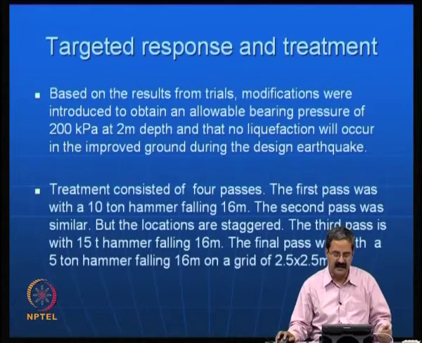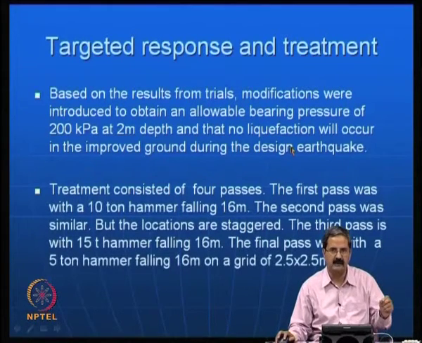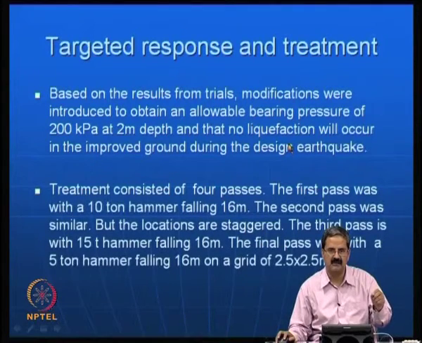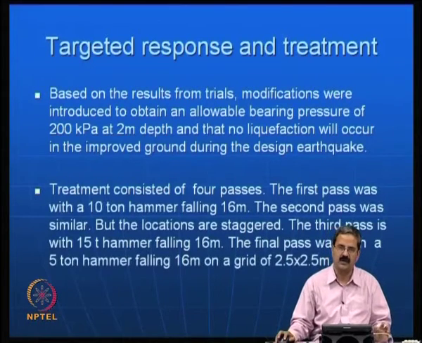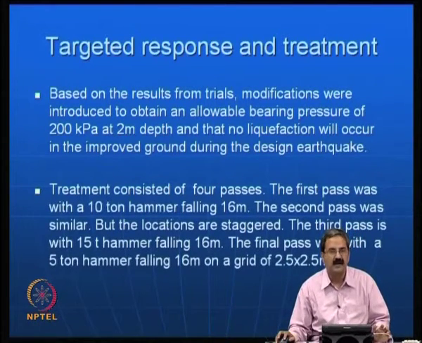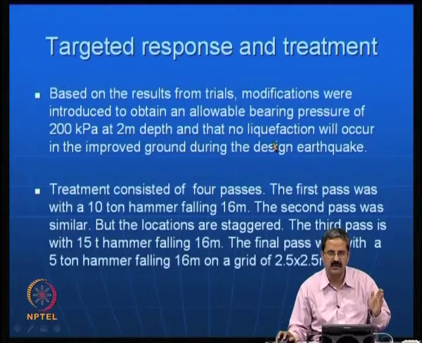And there is a criterion for the actual field number that you should be able to achieve with your equipment. Say for example, if it is 25 as an SPT value, then everywhere along the profile the SPT value should be more than 25 or 20, whatever.